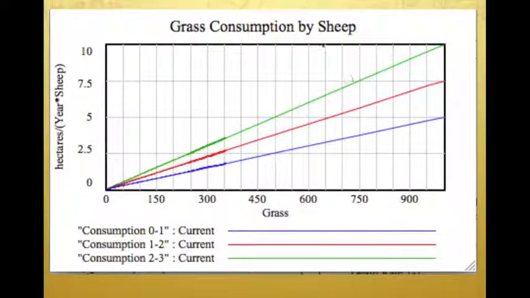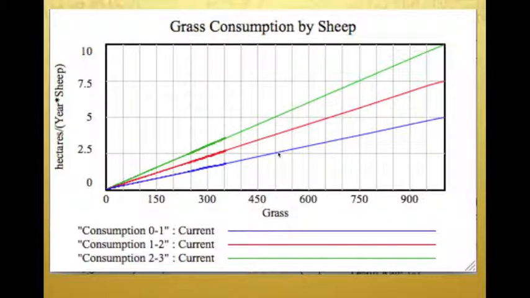The grass consumption by sheep is also assumed to be dependent on the availability of grass. Depending on the hectares of grass that are available, the sheep will consume more. It's a fairly simple assumption, might be too simplistic, but it does the job to show some interesting dynamics.